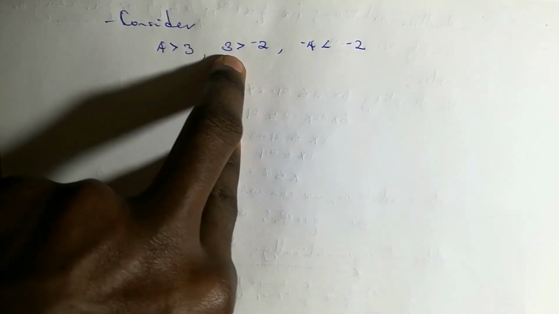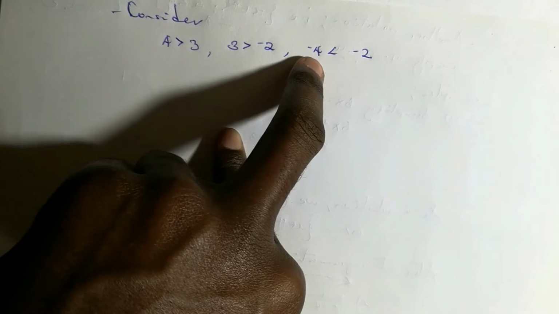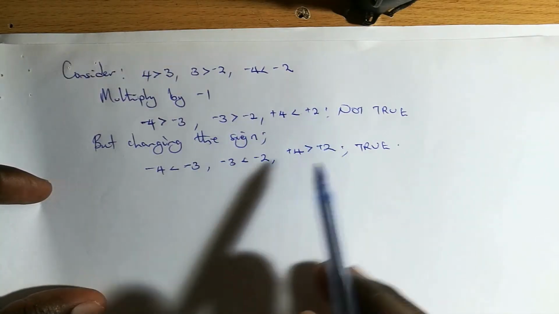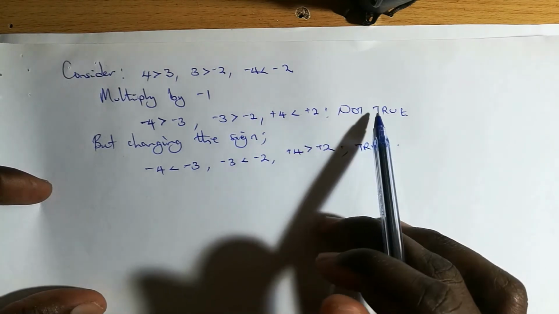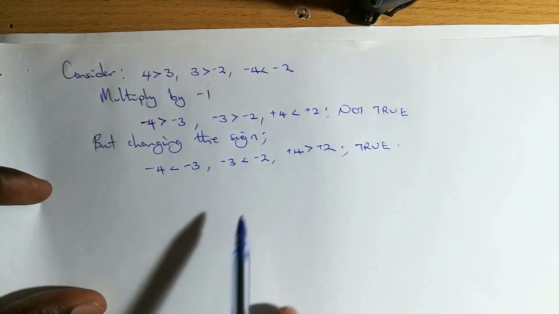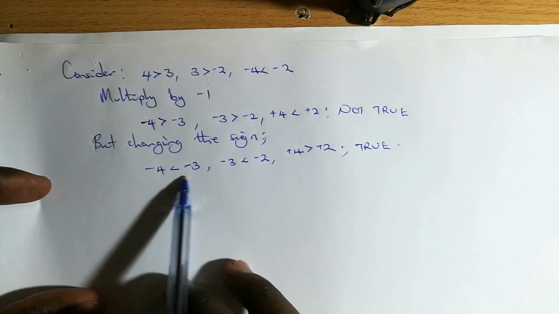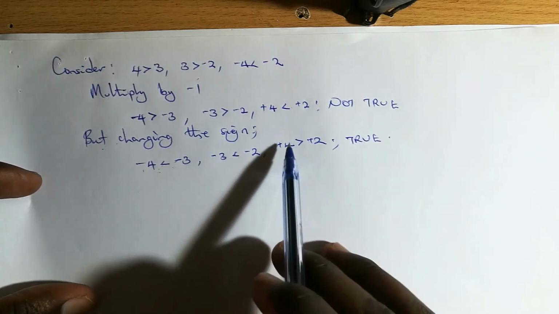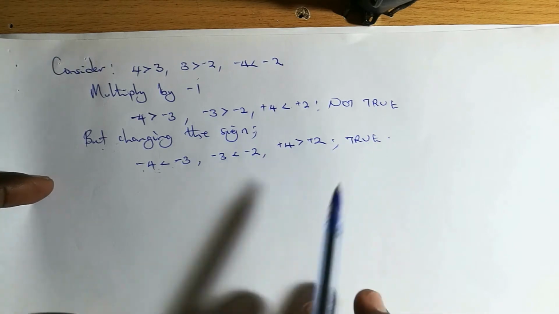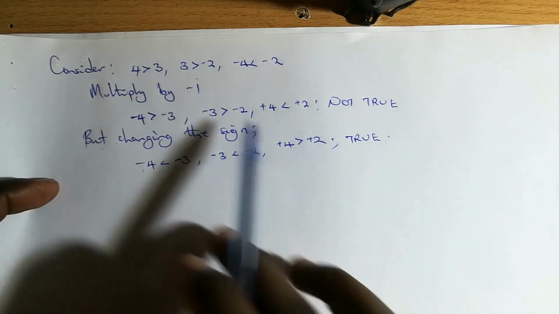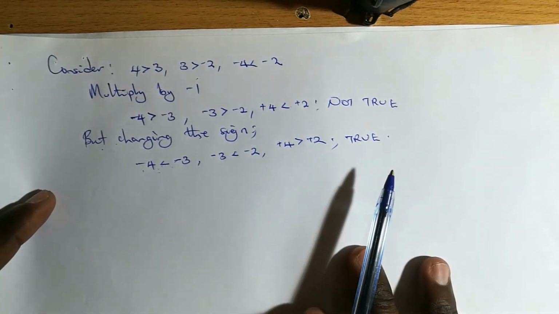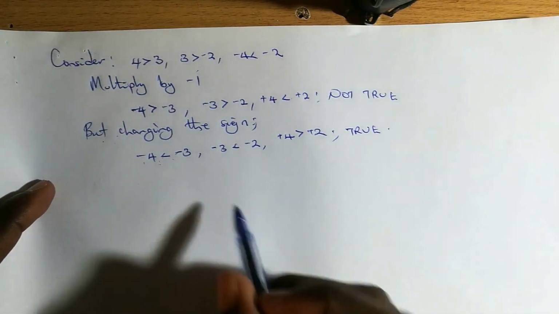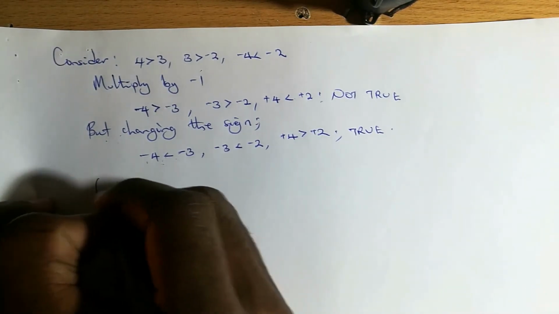We have 3 greater than -2, that's true, and -4 being less than -2 is true. But after multiplying by -1 the statements are not true unless we change the sign. Changing the sign, we will have -4 less than -3 less than -2, and 4 greater than 2, which is true. That's basically the reason why we change the sign after multiplying or dividing through by a negative value.